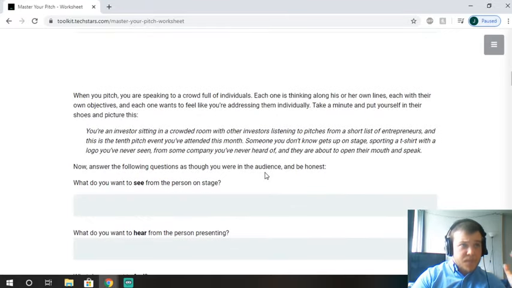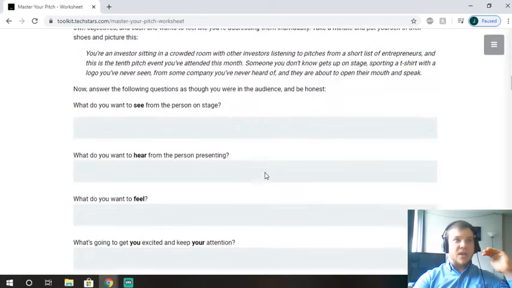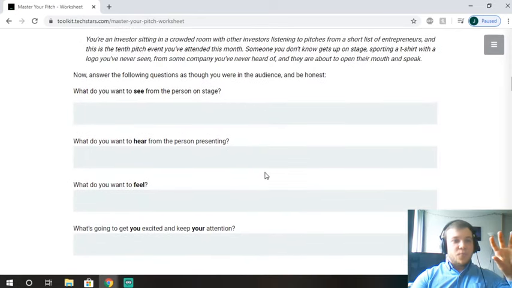And then we keep going down. This is the next part of the exercise. So if you put yourself in the shoes of someone watching your pitch and you were to answer these questions, that's the part of this exercise where you're taking yourself out of the position of, I'm somebody who is going to be giving this pitch, and instead, what if I was somebody watching a pitch being done on the stage?